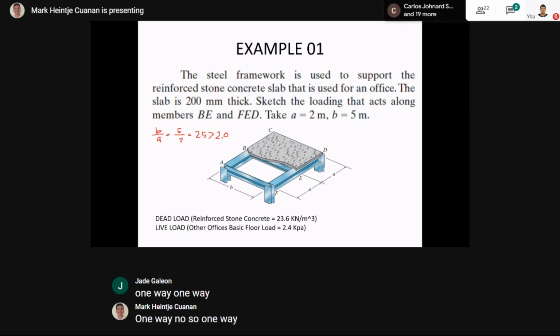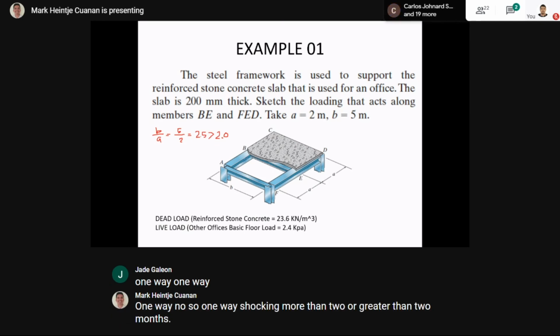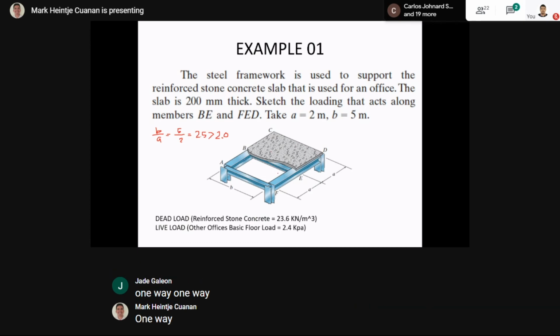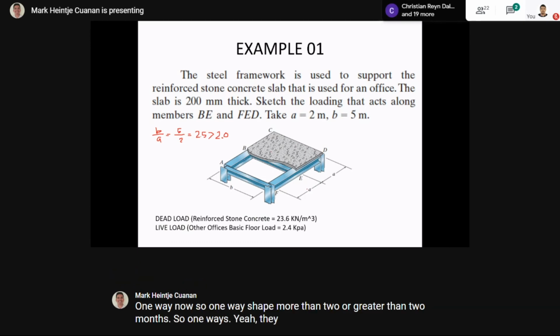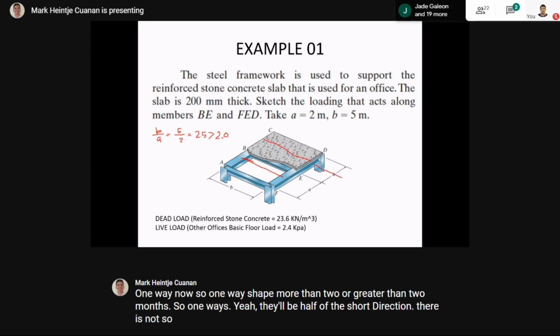So if it is one way, what this beam BE will carry will be half of the short direction. So we split it in half here, and we also split it in half on the other side. So the dimension now is half of A and also half of A on the other side. This one is A over 2. This one also is A over 2.